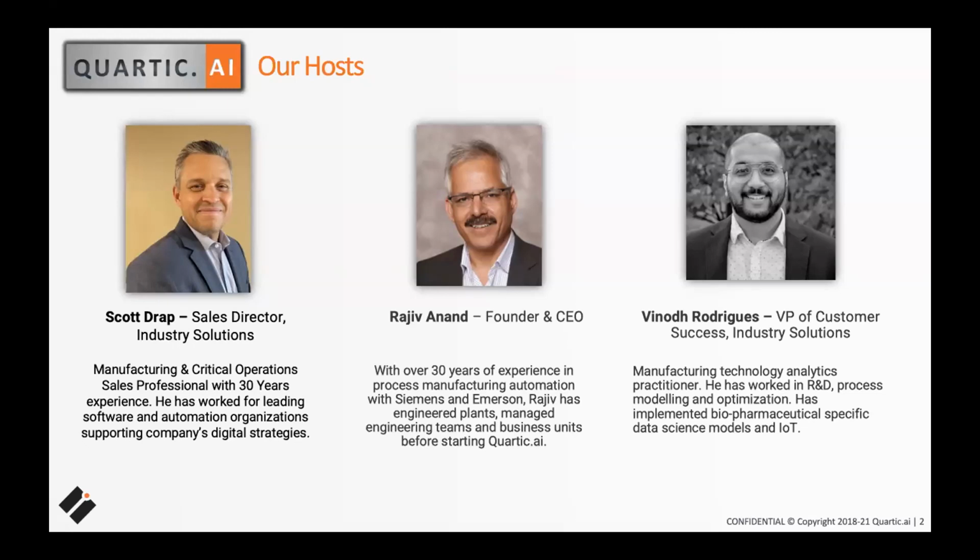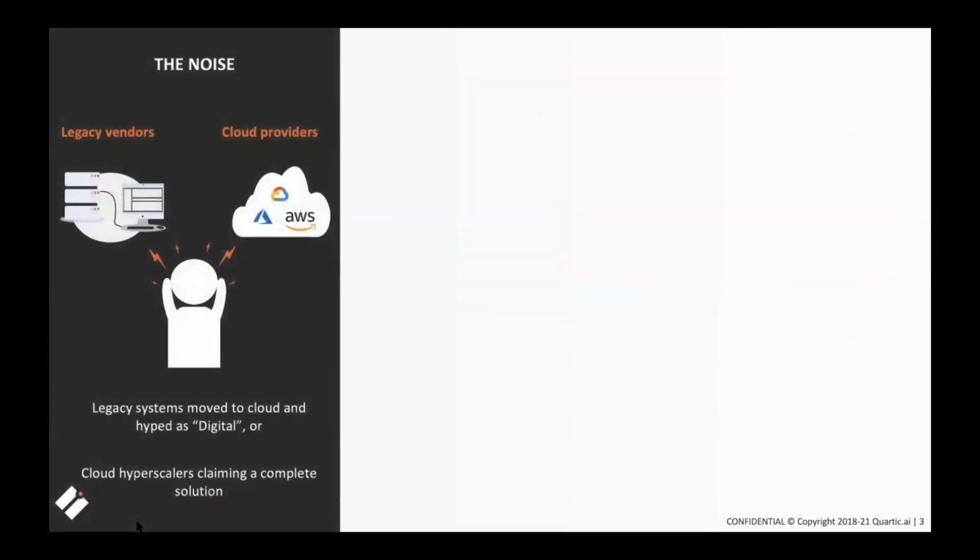So as you're in that situation, you're likely in one of these three situations or one of these three categories. So the first one is what could be categorized as noise. And that's from legacy software system vendors, not OT systems, but data historians, SCADA systems, what have you. And the other is from cloud hyperscalers.